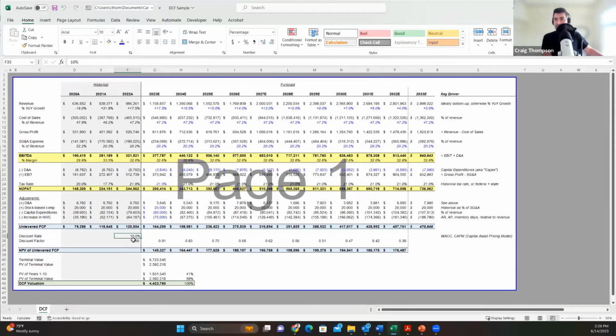At a 10% discount rate, we're effectively interpreting the discount factor to be about 0.91 next year. And that basically tells us the $164,000 in a year is worth about $149,000 in today's dollars.